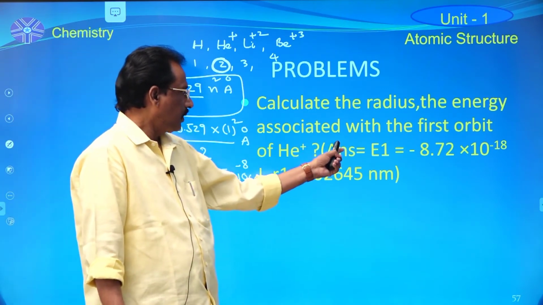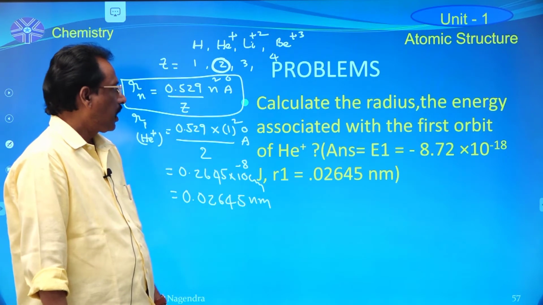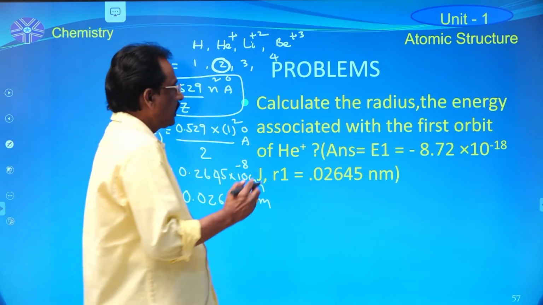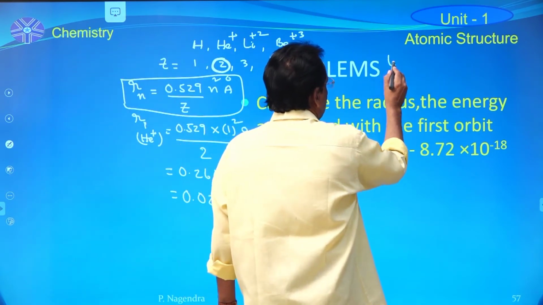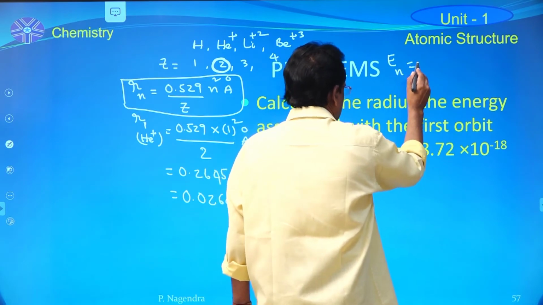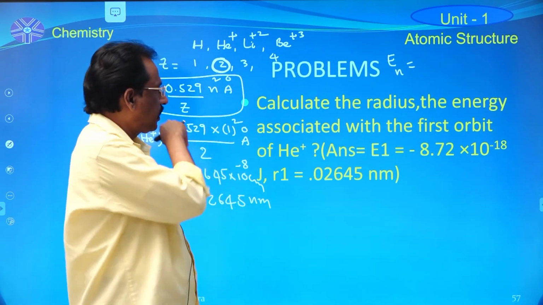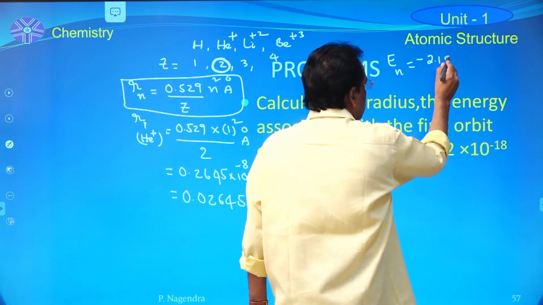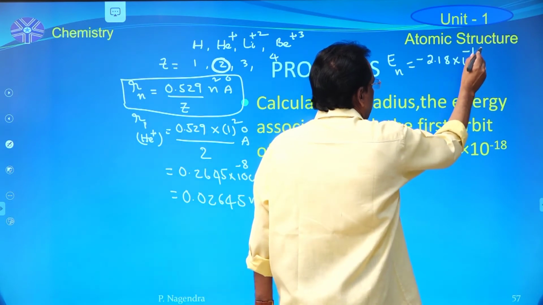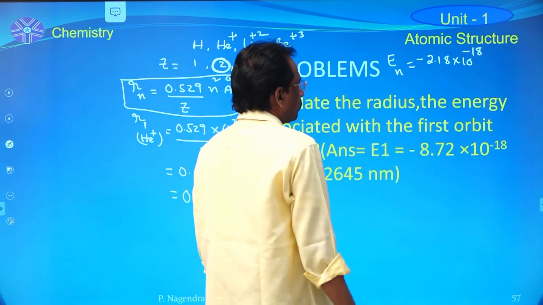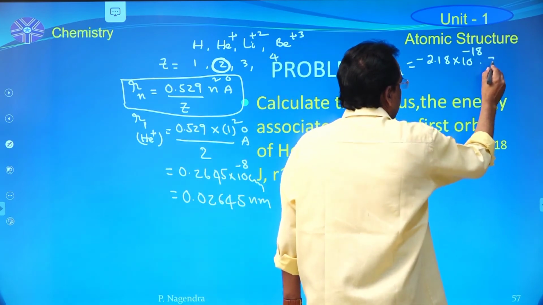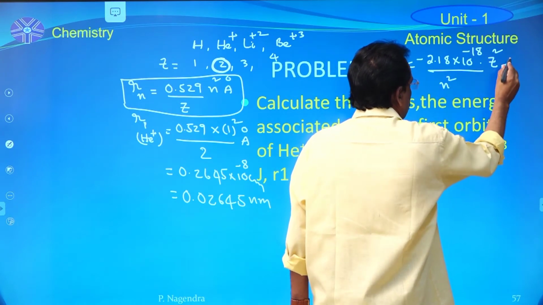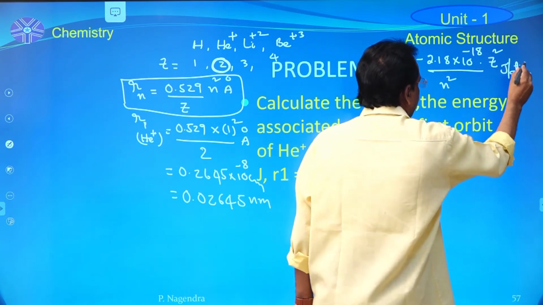Here the next one is how to calculate the energy of the first orbit of He plus. Now this is the formula. Energy of the nth orbit is equal to minus 2.18 into 10 power minus 18 into Z square by N square joule per atom in MKS system.